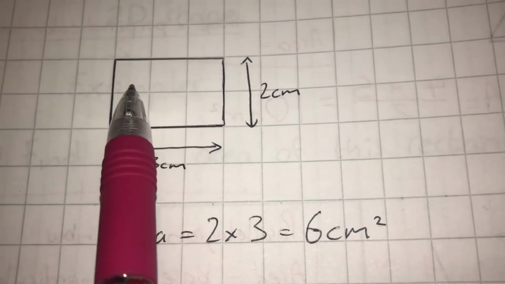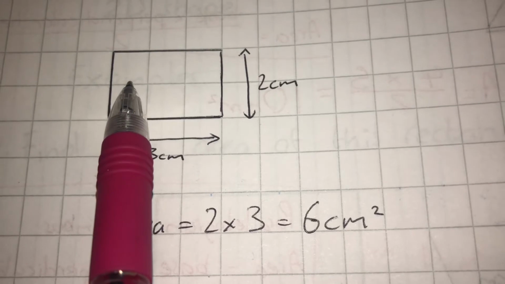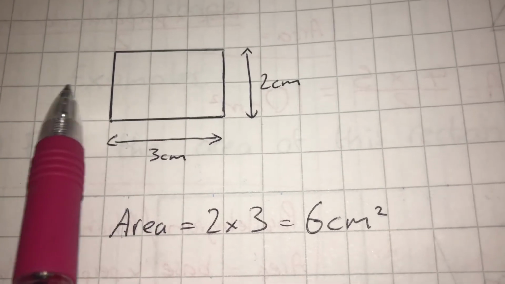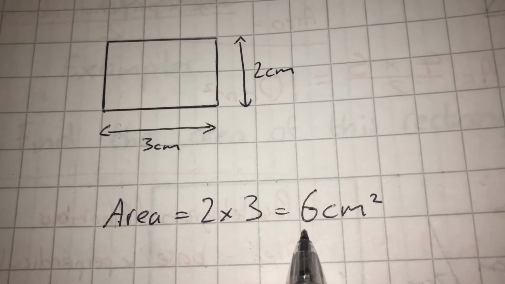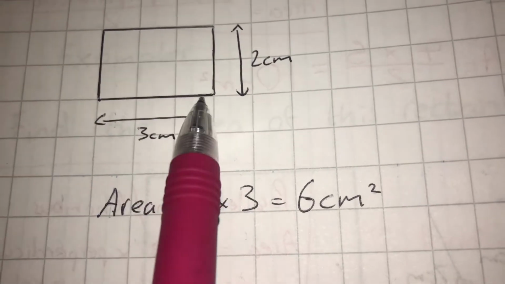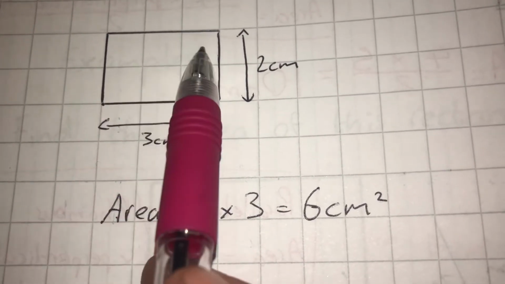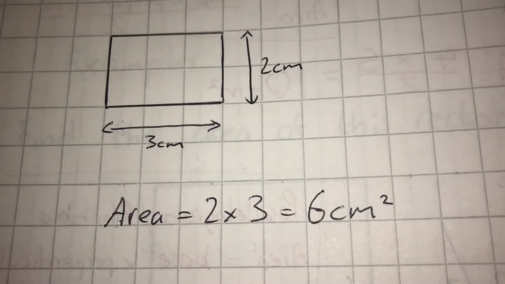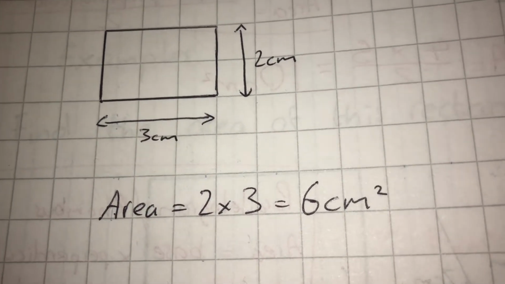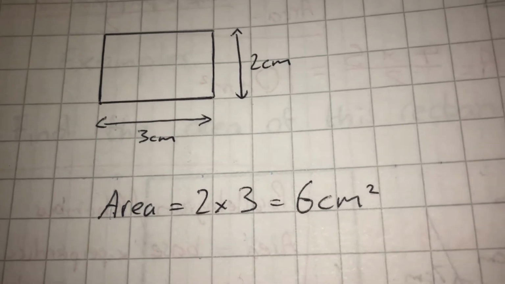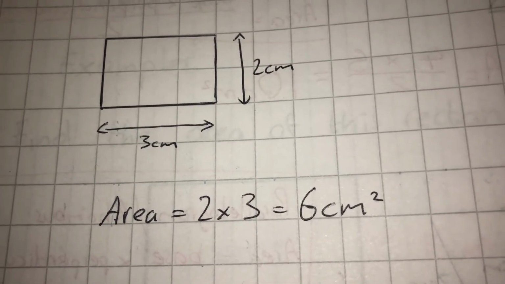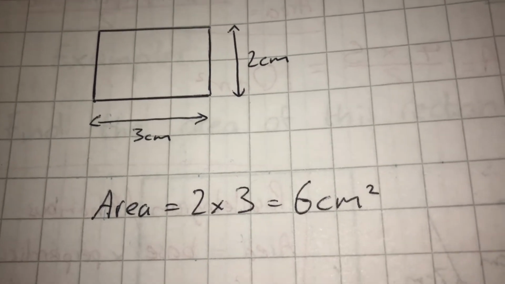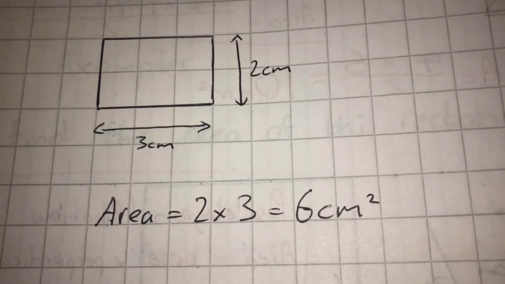And because this shape is drawn on square paper which has 1 centimeter squares, we can see that this formula actually works, because inside this rectangle we have 1, 2, 3, 4, 5, 6 centimeters squared. And whenever we work out the area of a shape, we're basically saying how many of these squares fit inside it. That's if we're talking about centimeters squared. If we were talking about millimeters squared, they'd be much smaller. Meters squared, they would be much larger.